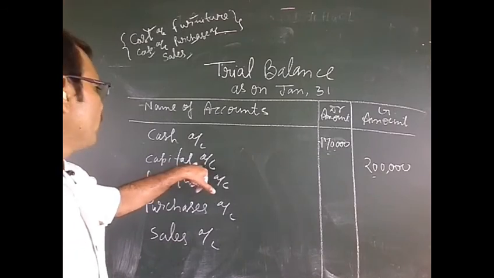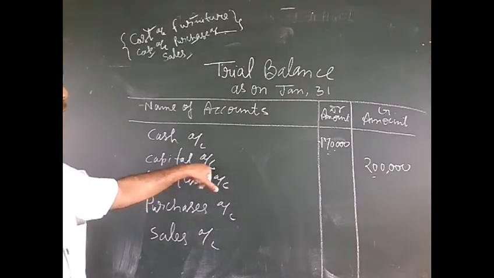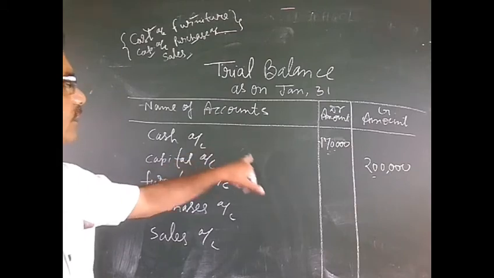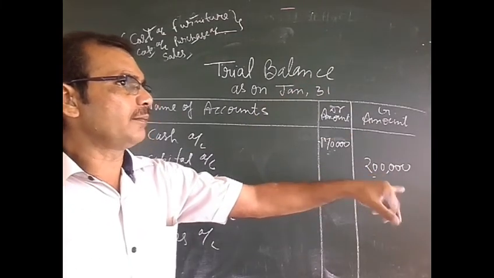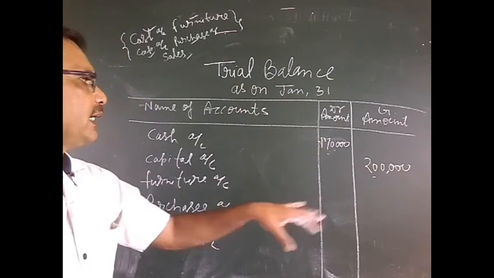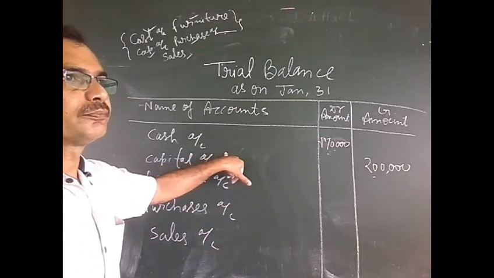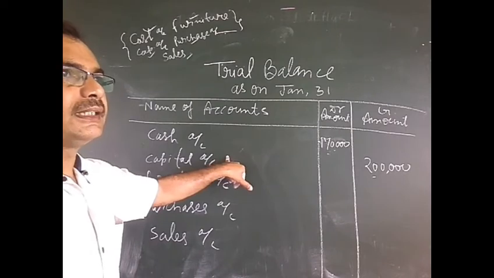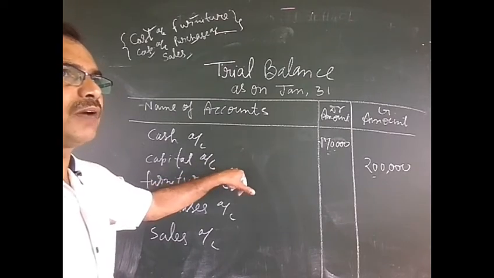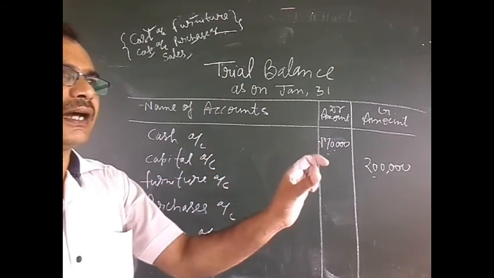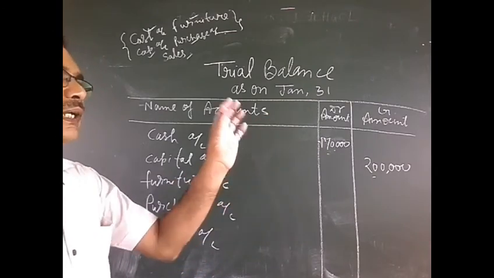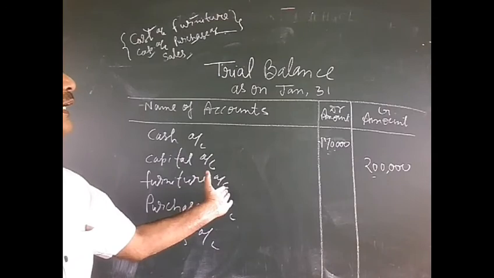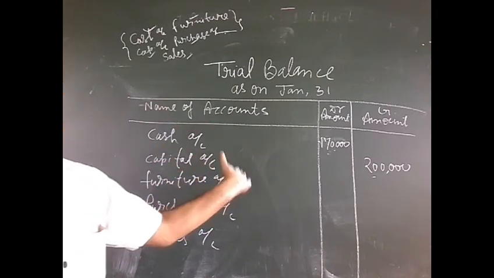When we were preparing capital account, at that time cash was written in the credit side and at that time to balance carried down came. If we see the debit side, you find to balance carried down. If you take the base of carried down, you will enter in trial balance on the opposite side.